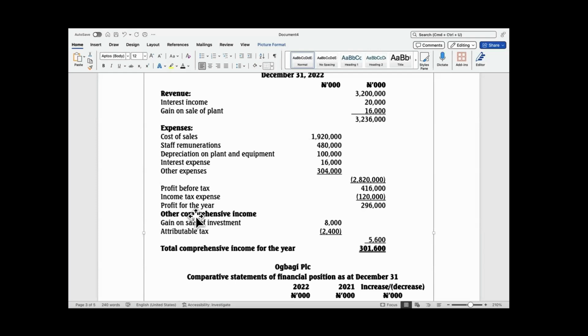IAS 7 governs, and IAS 7 didn't say that your finance income must be in your investing activity. So even without the observation from the way this P&L was arranged, if I had naturally put my finance income in operating, they won't mark you bad. You are still going to get a tick.